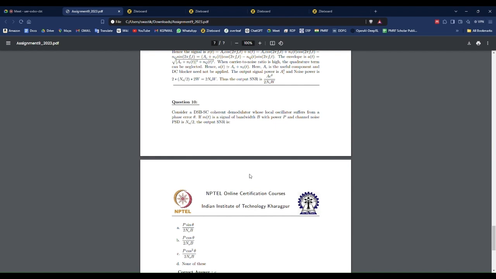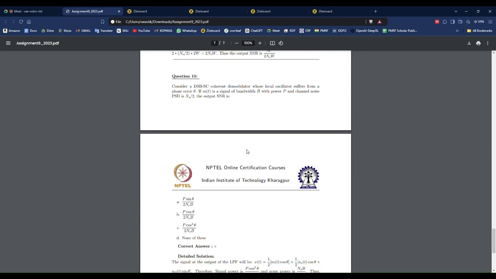The signal bandwidth and signal power are given, and the channel noise PSD is given. Then the output SNR is.